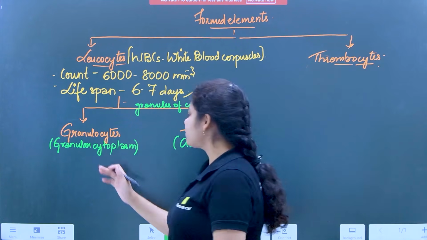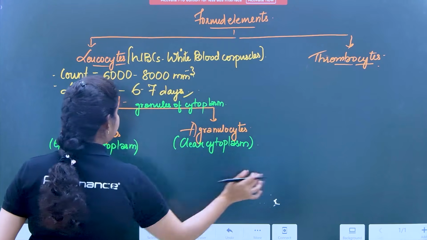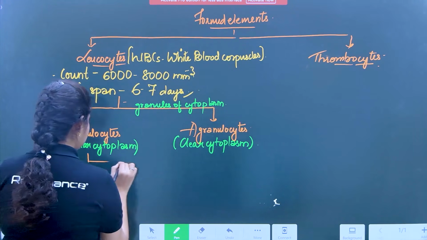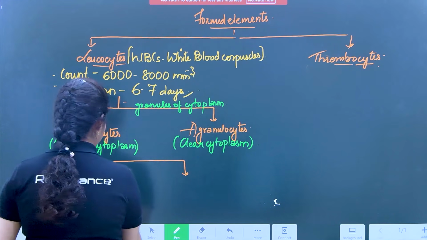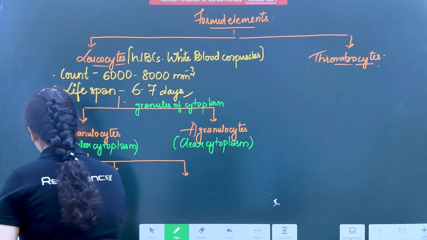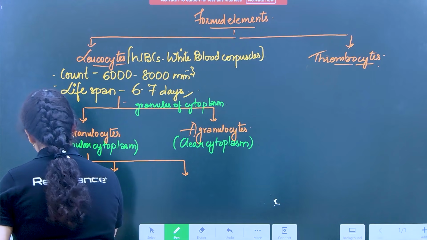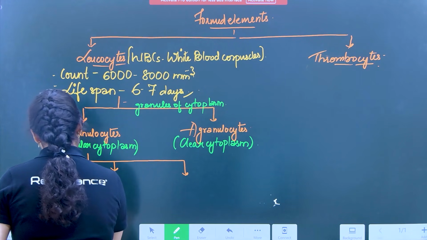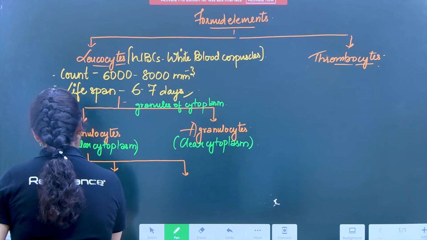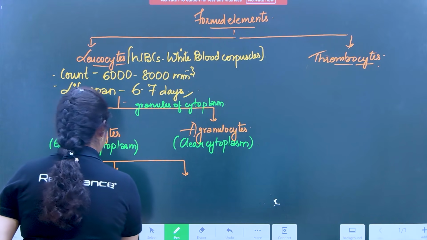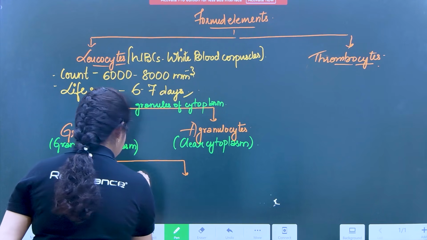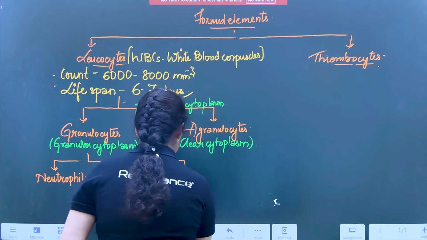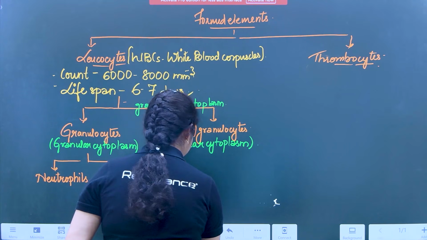Now, these granulocytes can be further classified into three categories: neutrophils, eosinophils and basophils.